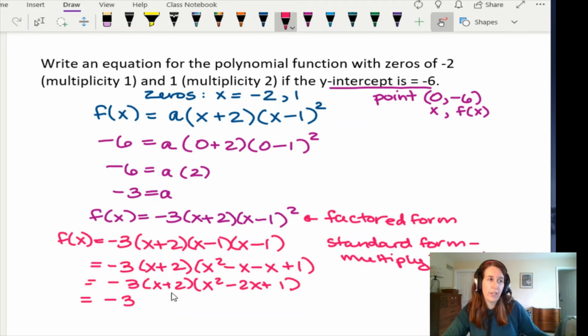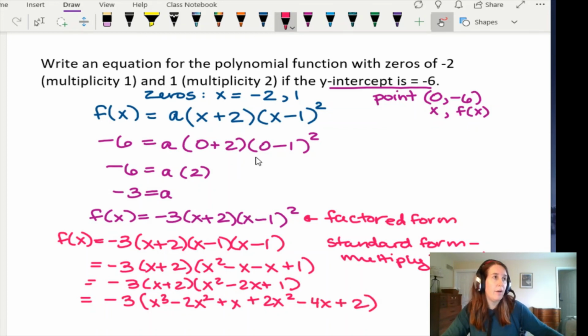So, just try to keep your work organized. You need to multiply the x times all three terms and the 2 times all the terms. Okay, so x cubed, and then minus 2x squared, and then plus x. And now I'm going to multiply the 2 to everything, so that's plus 2x squared minus 4x plus 2.